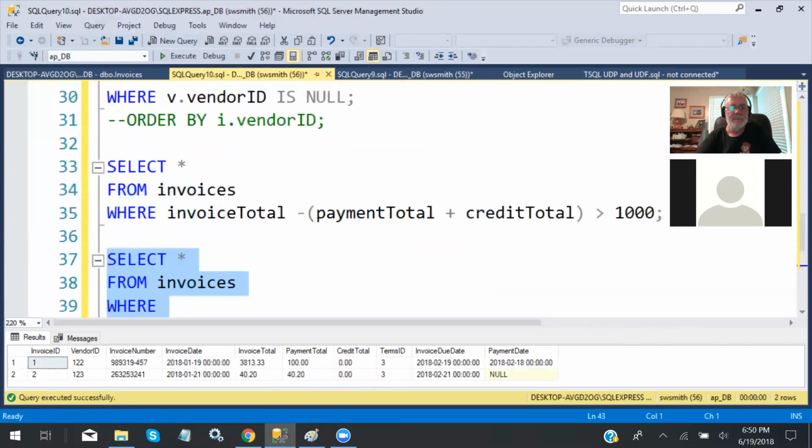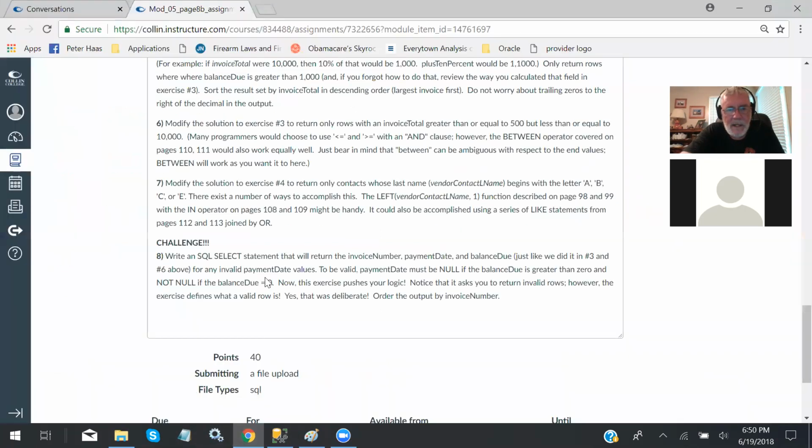Okay. Is there any way I can look into my code? If you go to this guy, and you write it just like this, you write payment date null and balance due greater than 0, or payment date not null and balance due 0, and you put a not in front of that, you'll get those two records.